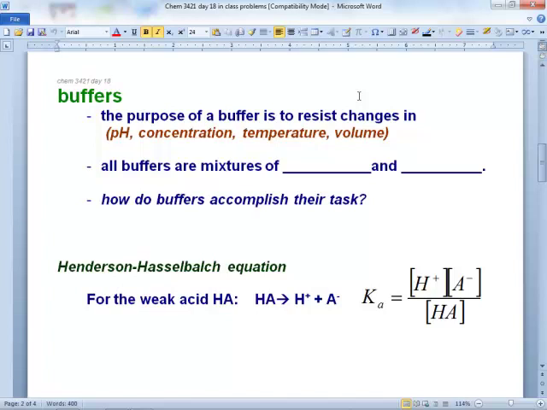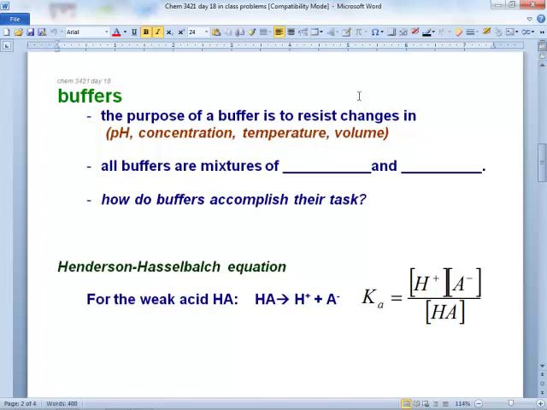Balance out equilibrium. We're getting close. Well, the conjugate base reacts with H plus. Good. If you drink a whole heck of a lot of Coca-Cola, increase your acidity, right? Your conjugate base is going to react with it, right? Eat something basic.